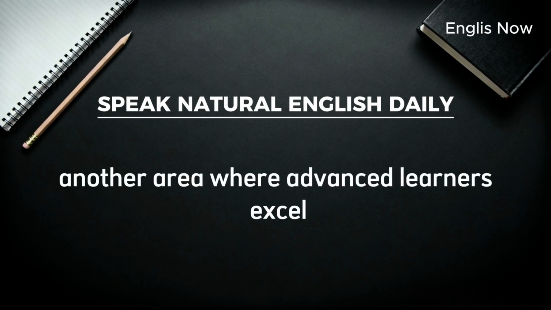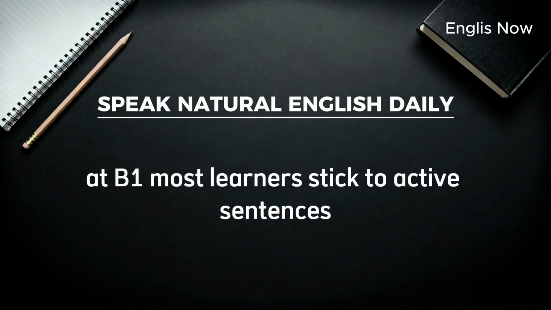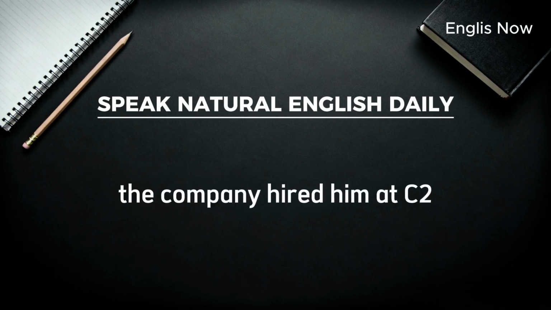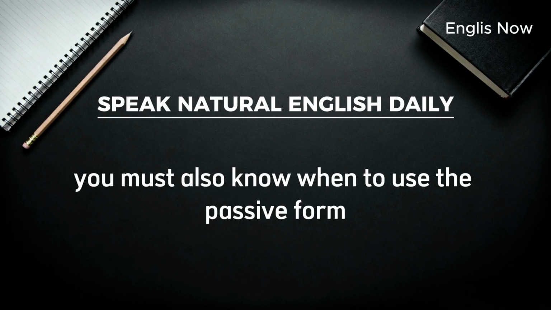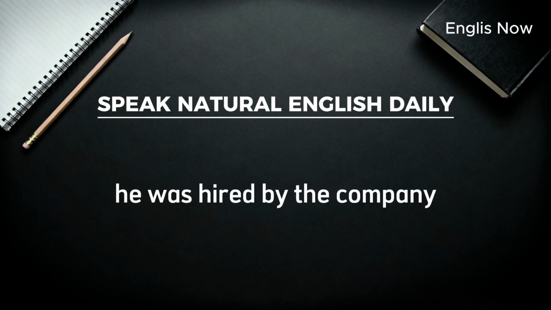Another area where advanced learners excel is using passive voice effectively. At B1, most learners stick to active sentences. The company hired him. At C2, you must also know when to use the passive form. He was hired by the company.